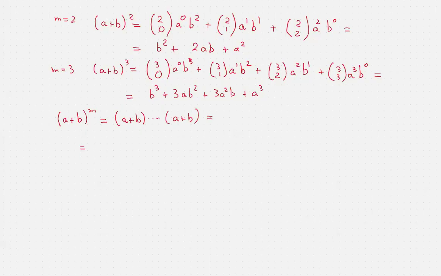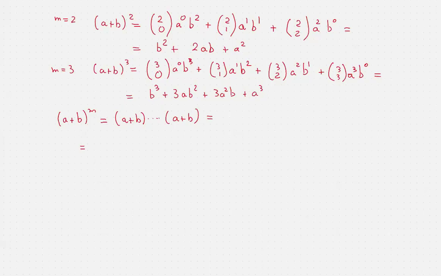So what I mean by that is you may start by choosing all the a's. That will give you an a to the m. Then you can choose b from the first parenthesis and a from all other parentheses, and then b from the second parenthesis, a from all other parentheses, and so on and so forth. But you can understand right away that you're getting products whose exponents add up to m.